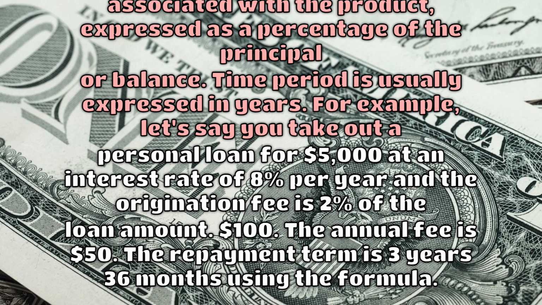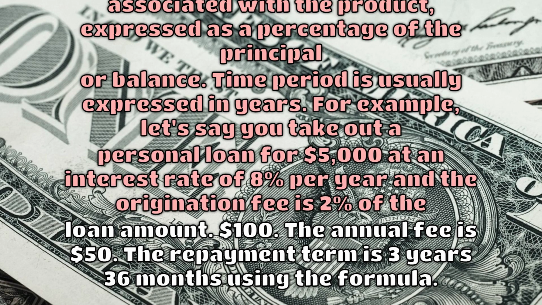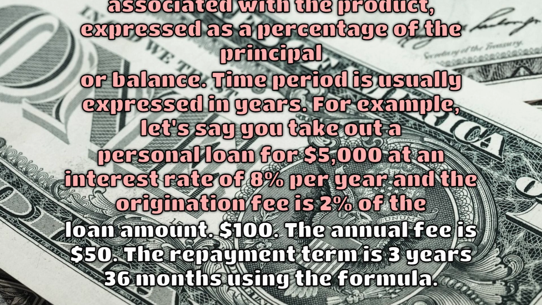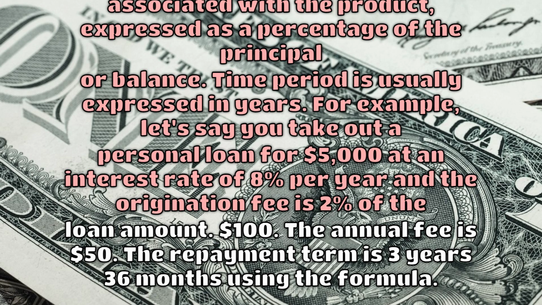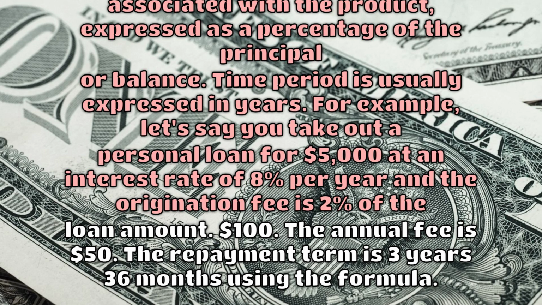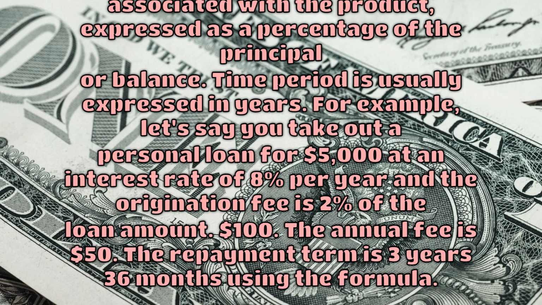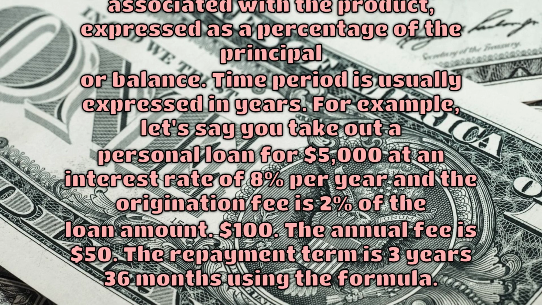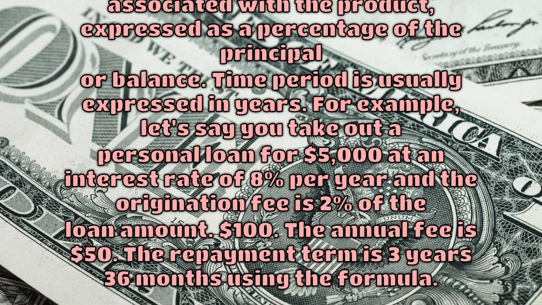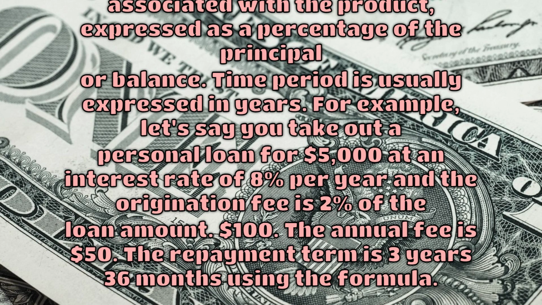For example, let's say you take out a personal loan for $5,000 at an interest rate of 8% per year, and the origination fee is 2% of the loan amount, $100. The annual fee is $50. The repayment term is 3 years, 36 months.